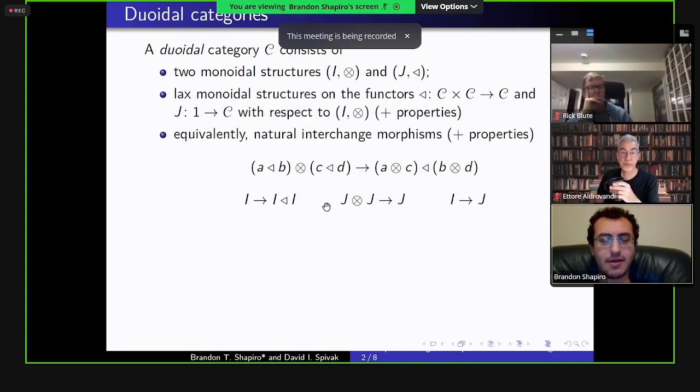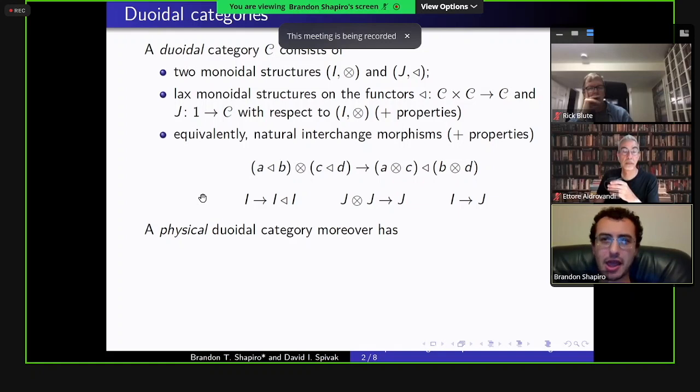And then we have various associativity properties of these, for instance, that demand that these maps make J a tensor monoid and I a tricomonoid. But we won't need that so much today because I'm going to be interested in what we call physical duoidal categories.